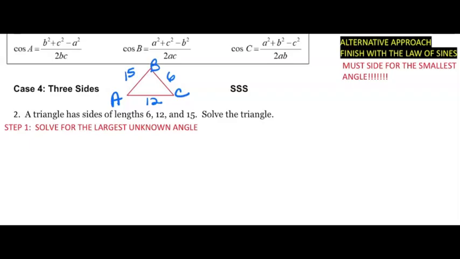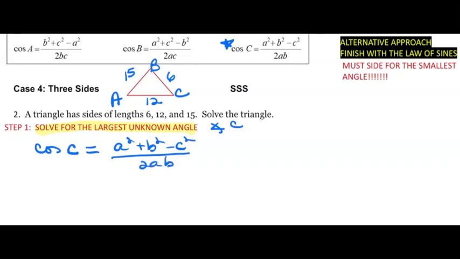All right, so we'll be given side, side, side. Our first step is to solve for the largest unknown angle. That's going to be across from the largest side. So I am looking for angle C. I'm going to use cosine of C equals a squared plus b squared minus c squared over 2ab.